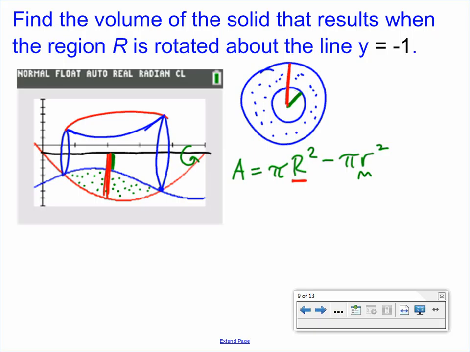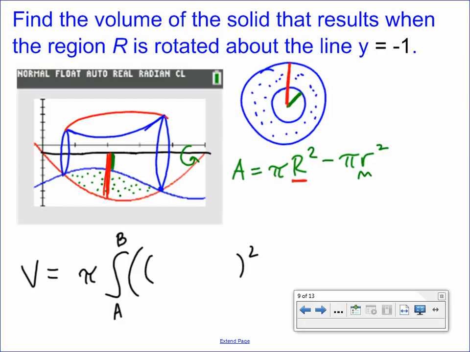Our volume V will be given by pi integral from A to B of outer radius r in green, which will be kept positive. How? By doing top curve, solve for y.